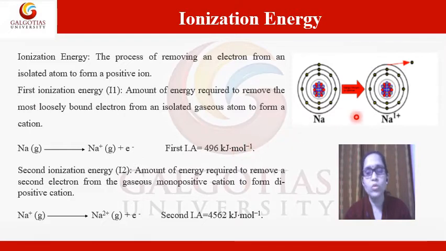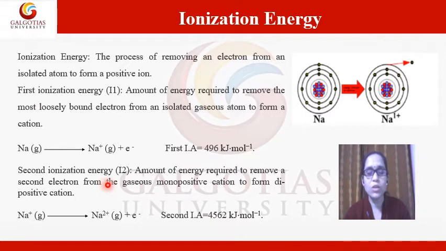When sodium becomes sodium plus and we want to remove a second electron, see here in the diagram, after removing one electron, sodium plus attains the stable noble gas configuration. So when we want to remove another electron from this shell, the amount of energy is very high if we compare.